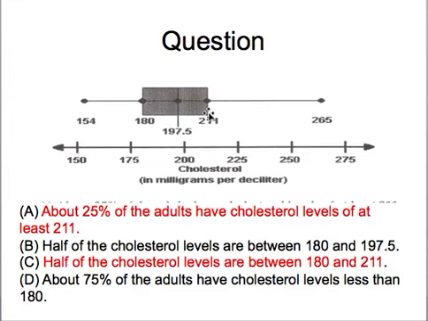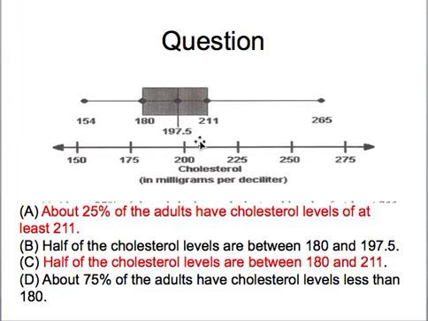So that statement is true. The third quartile, 25% of the data is that value or more, while 75% is that value or less. Okay. B, half of the cholesterol levels are between 180 and 197.5. That's not true. That's 25% of the data. Between the first quartile and the median is 25%.